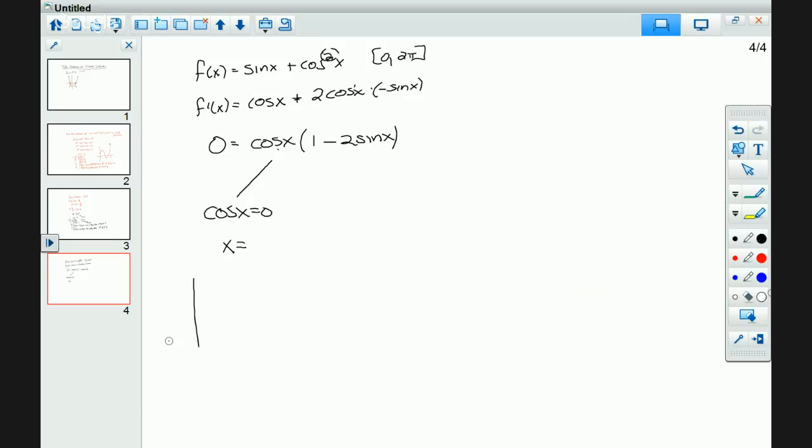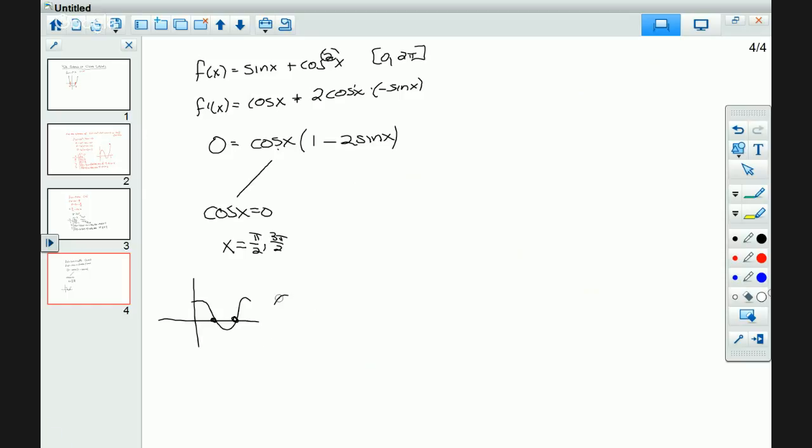Remember, cosine does this. Locations. You can also think unit circle. Problem.